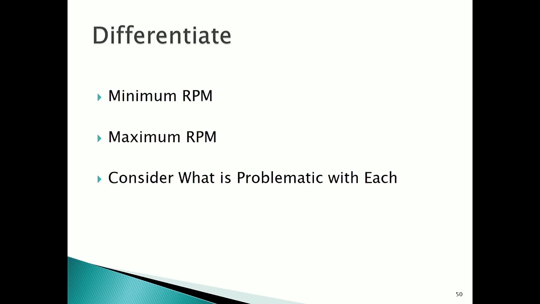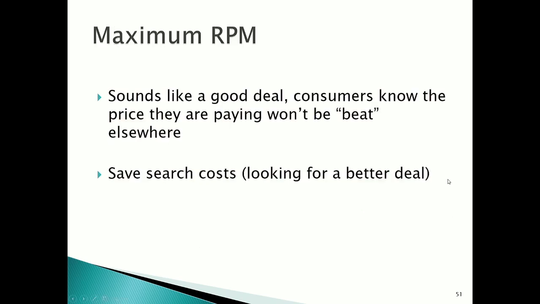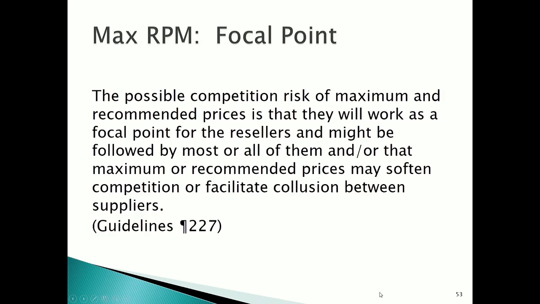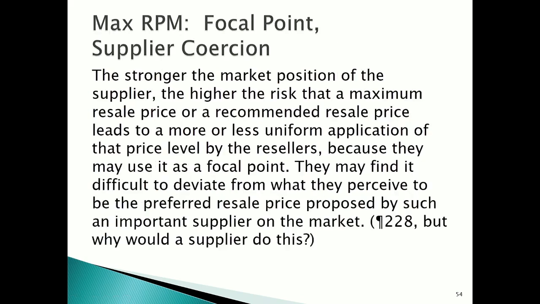You go into a corner store, a bag of sweets says not to be sold for more than 95p. Everybody sells it at 95p. Nobody sells it at 79p. So it softens price competition. It's a focal point.